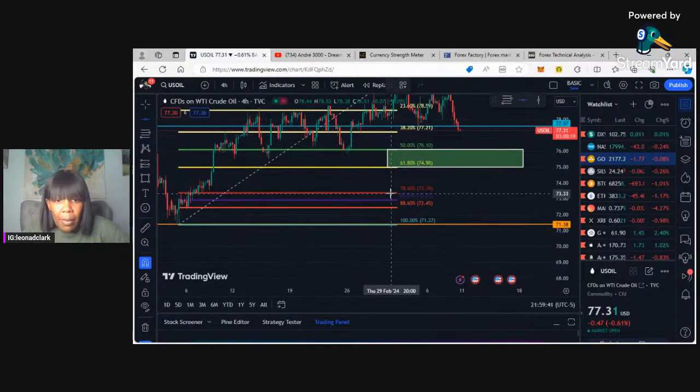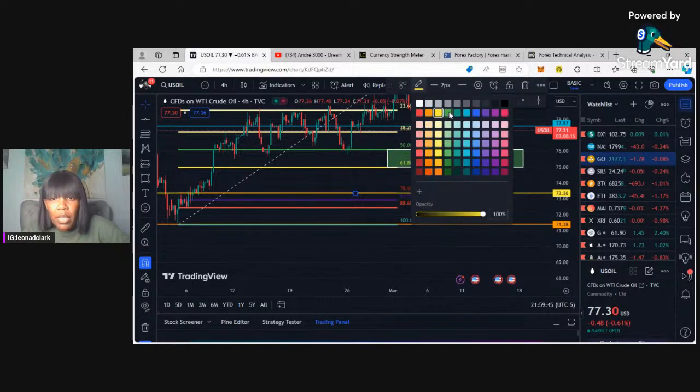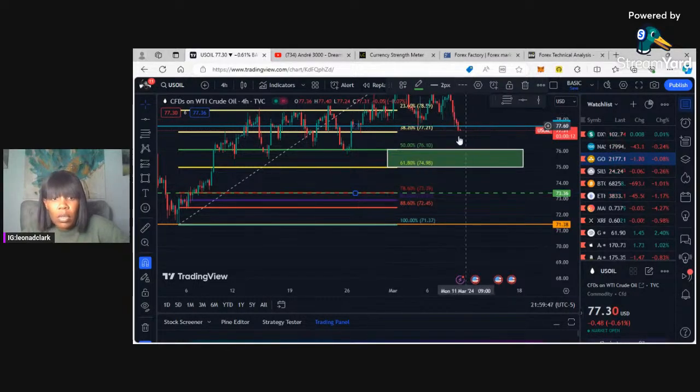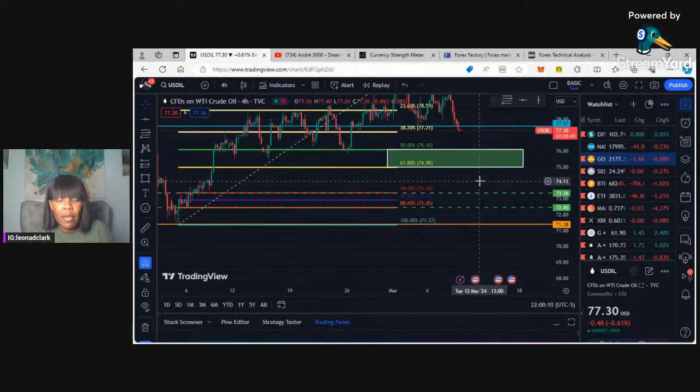But we go with probabilities, y'all. Higher probability setups. And now this is my demand zone as well. So if it blows through that 5618 for the sell, then we can see price come down here and we'll be looking for a bullish signal, to say now we're going back to the buy.